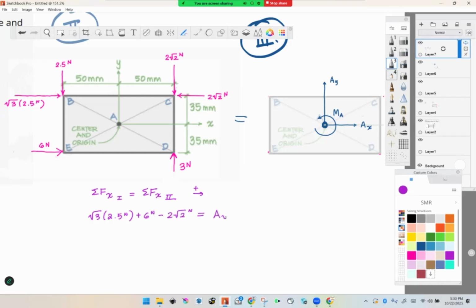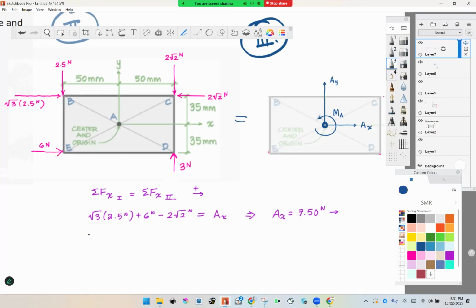I assumed it was rightward, so I'll give that a positive sign. I'm going to skip the punching into calculator if that's okay. You should get A sub x equals 7.50 newtons rightward for that component.